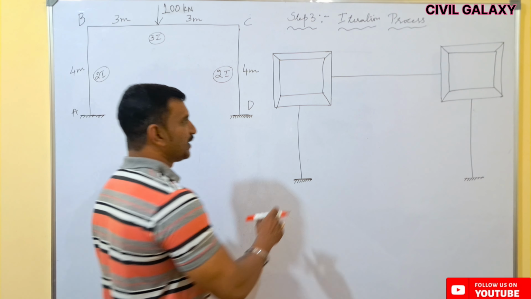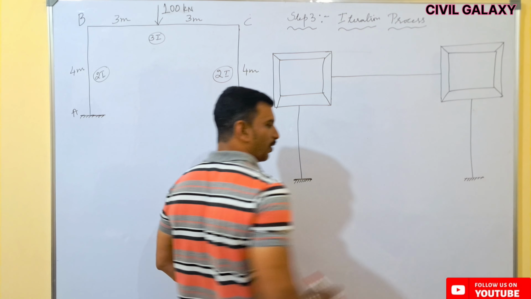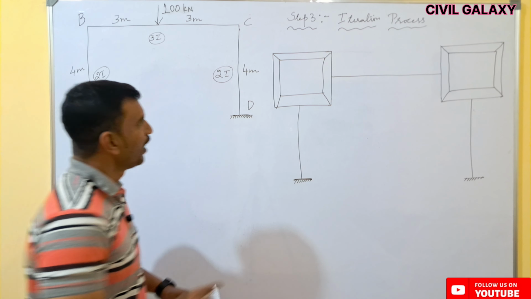For that I have considered a table over here, which is also called as Kani's table, where I have replaced the intermediate supports with boxes, which are called Kani's boxes.